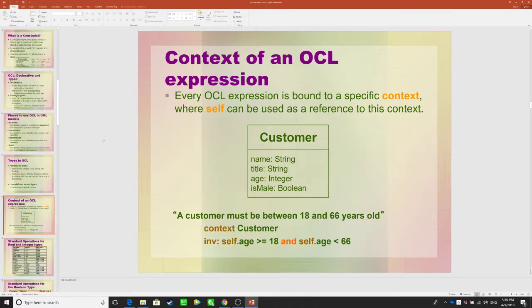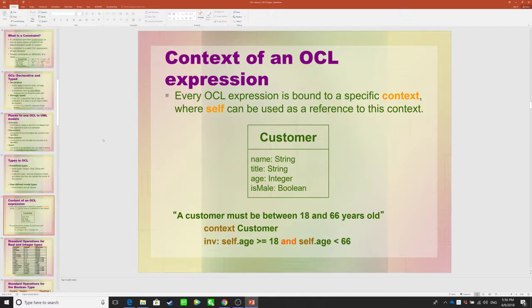Okay, so the context of an OCL expression. Every OCL expression is bound to a specific context, where self can be used as a reference to this context. Remember we use this in Java? This is referring to self, right? This.